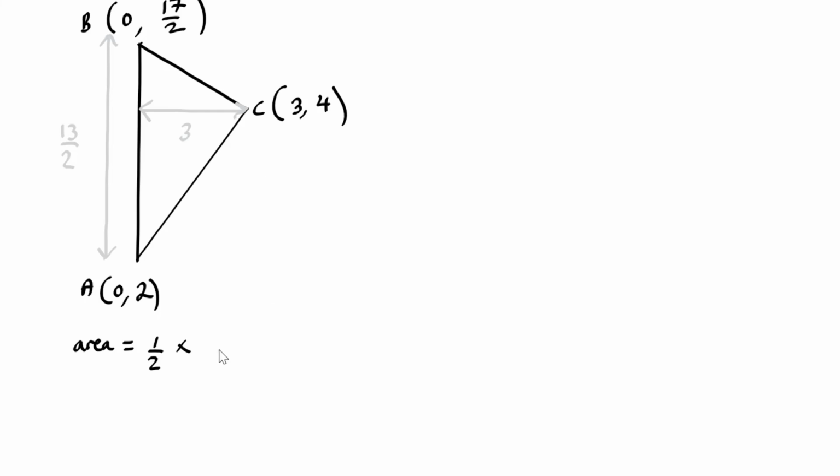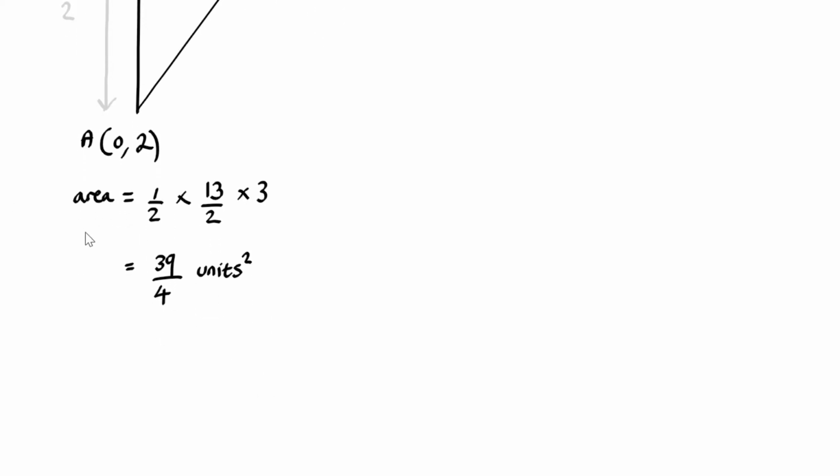So we have 1/2 times 13 over 2 times 3. So it turns out here we're going to get 39 over 4 units squared. Okay, so that is our final answer.